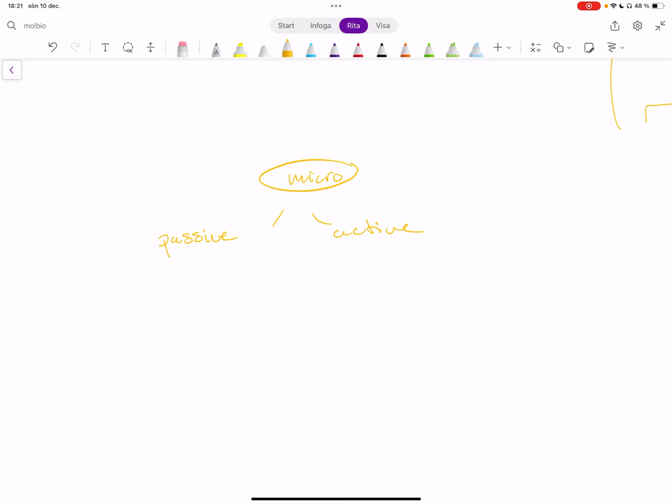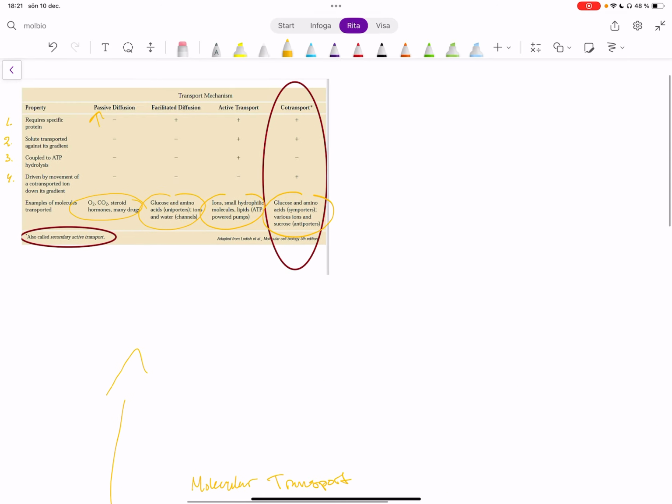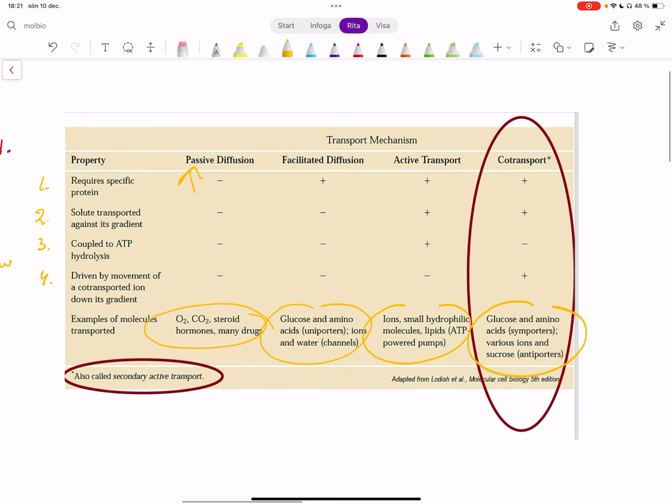And the main thing here is that active transport means it goes against the concentration gradient. So anything that goes against the concentration gradient has to be active, because there has to be ATP somewhere.